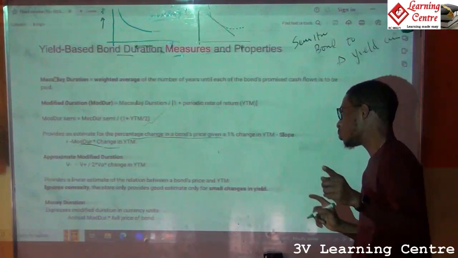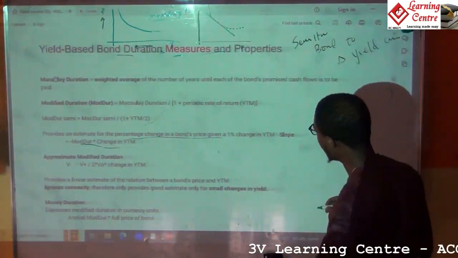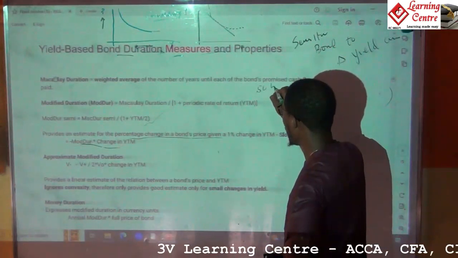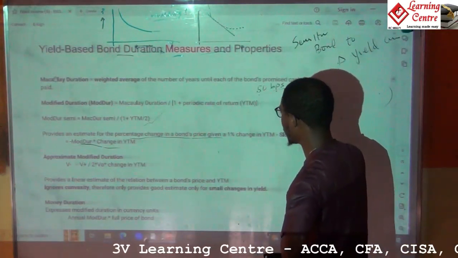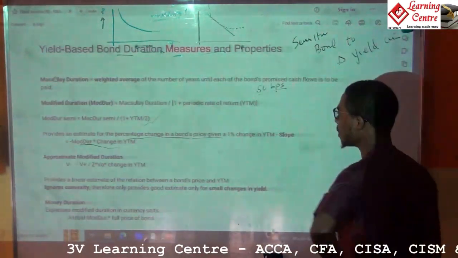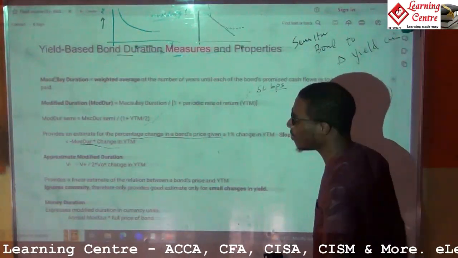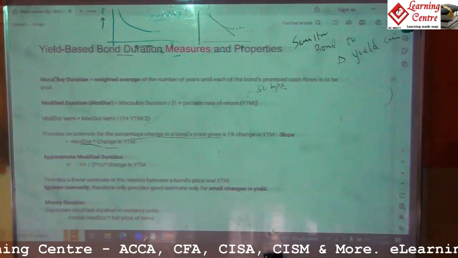So if they ask me, the yield curve in the market has gone up by 50 basis points, by how much will the value of my portfolio drop?